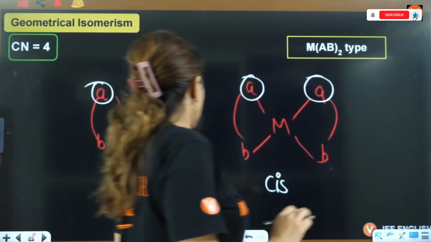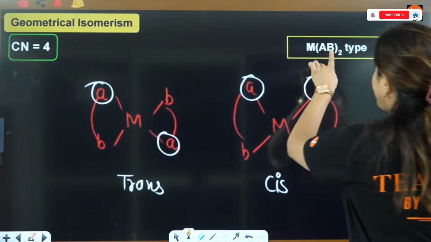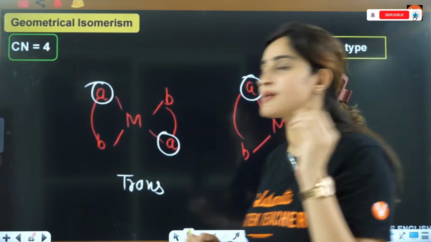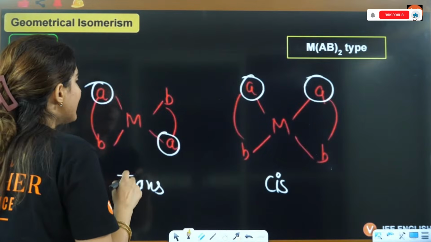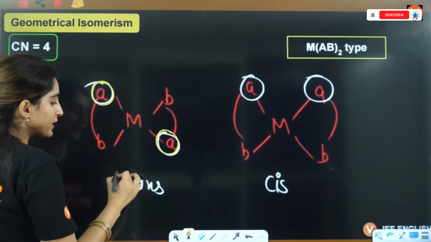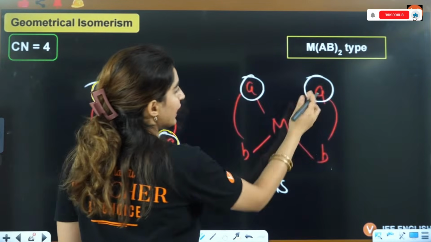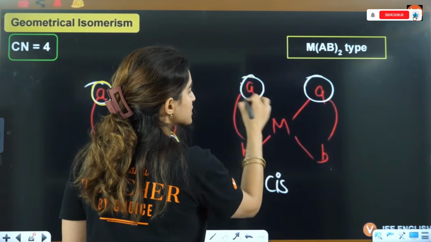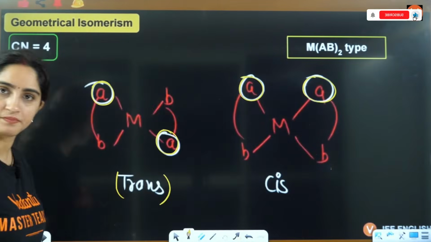Okay. Now if you have AB2, that means two unsymmetrical ligands that you have. In that case, AA, they are opposite, that is why it is trans. And here AA, they are in front of each other, that is why it is cis.